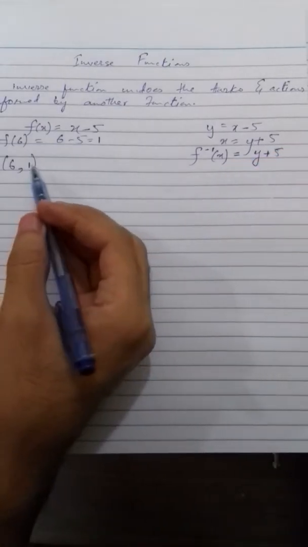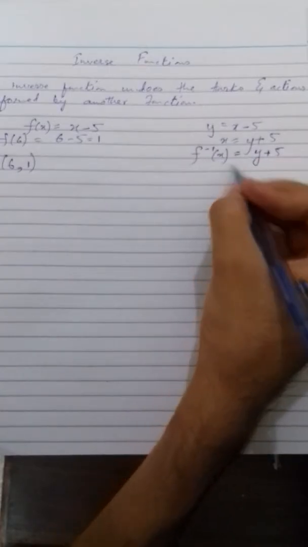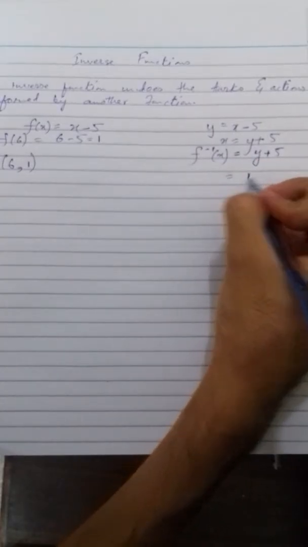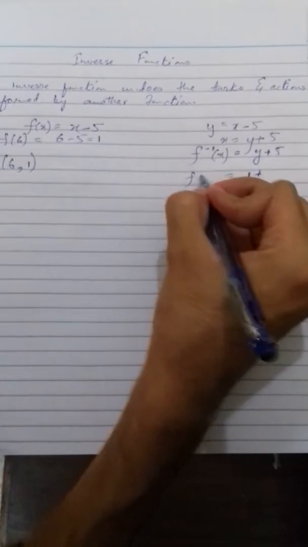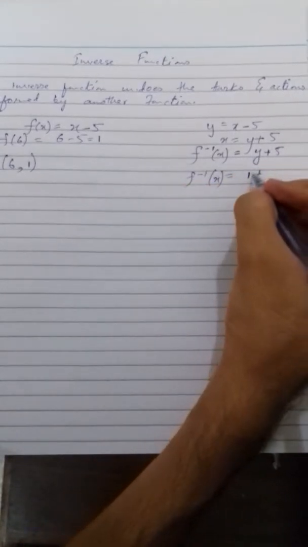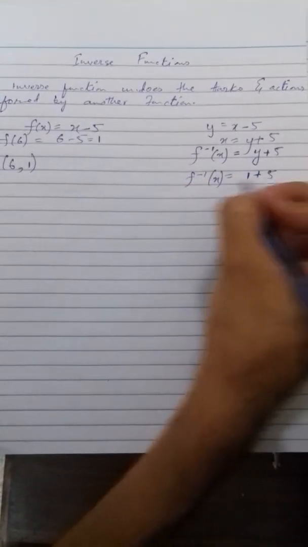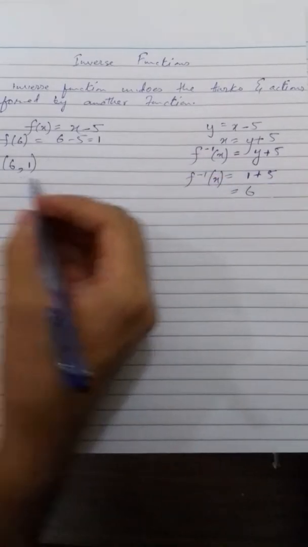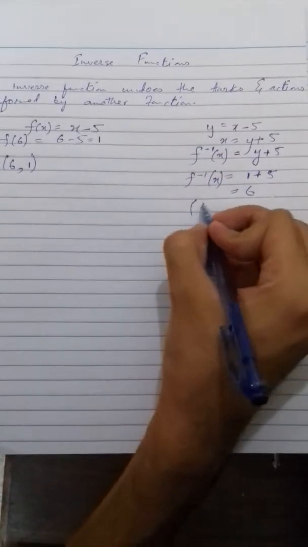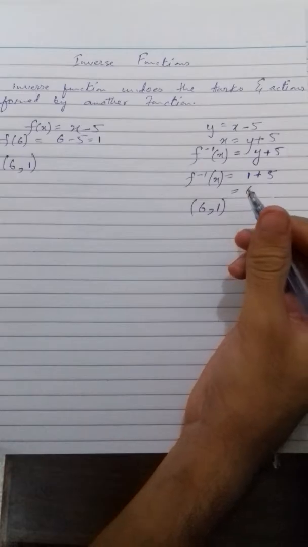Now we can see from here that when we put 1 in f inverse, it is 1 + 5, which gives us 6 again.